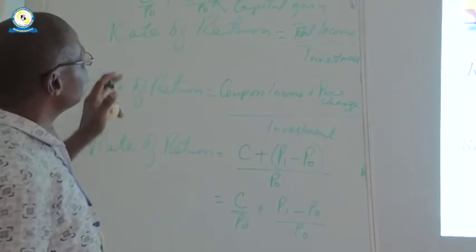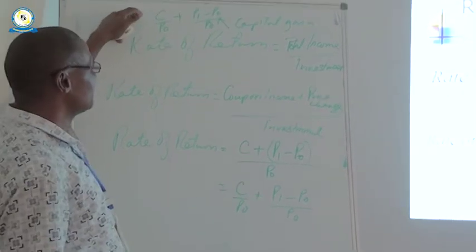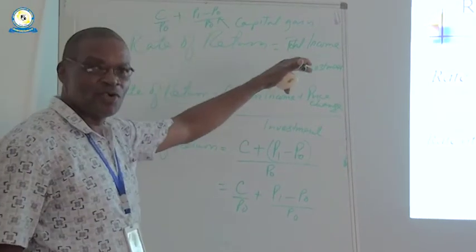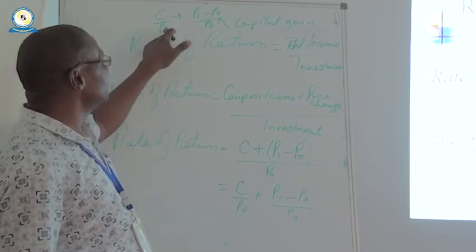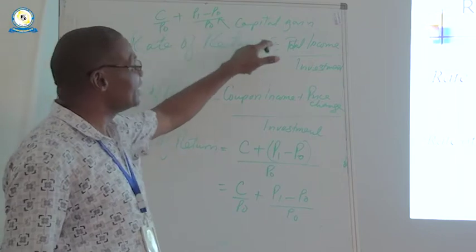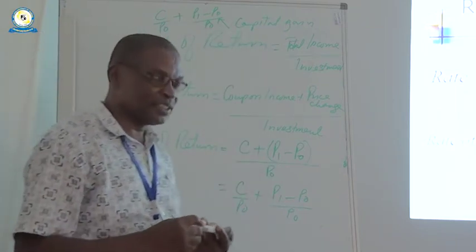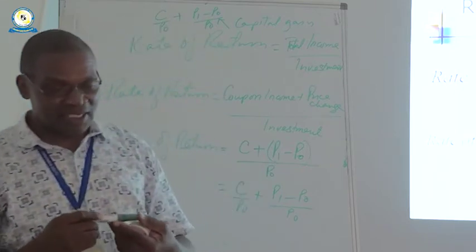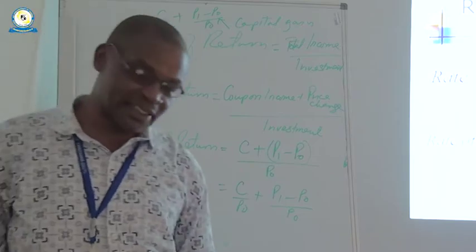So, in other words, in order to get the rate of return, you take current yield plus capital gain. When you add current yield to capital gain, you get what we call the rate of return. So, that marks the end of the bond valuation.